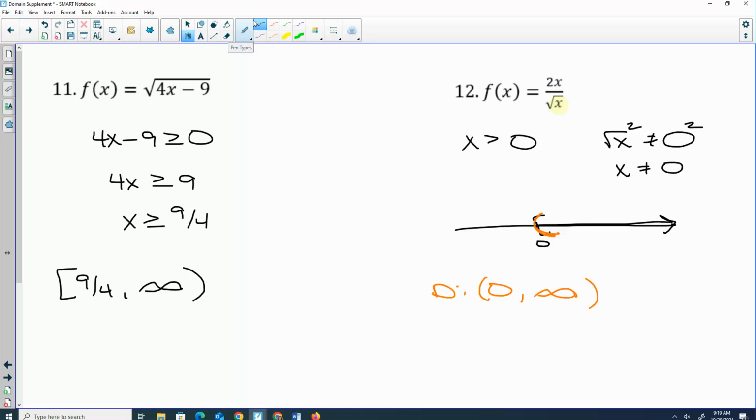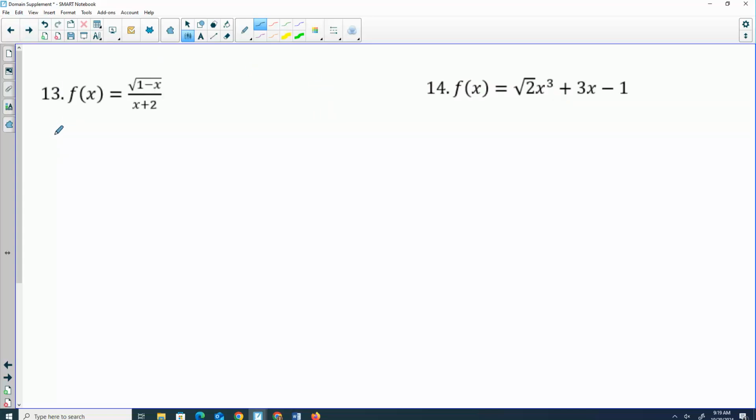I want to do another one that involves a couple pieces like that. Are there any questions on number 12? So on 13. If I'm looking at this one, we have a radical and we have a fraction. So we have to deal with both.